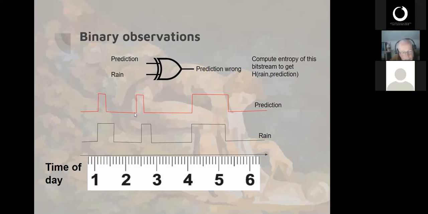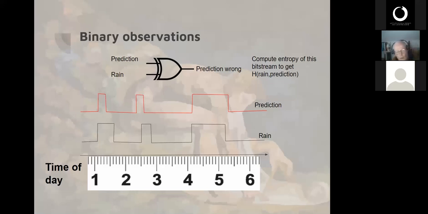Suppose I have a weather forecast which makes these predictions, these points here. How do I compute the entropy of the rain given the prediction? Well, it's actually very simple. You compute the XOR of the two, which gives the sequence of wrong predictions. And you can then apply Shannon's formula to see what is the entropy of that. That is to say, how compressible is that?